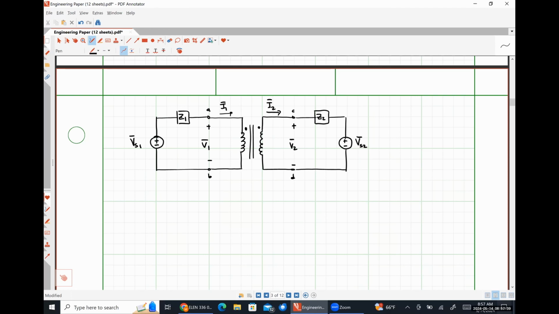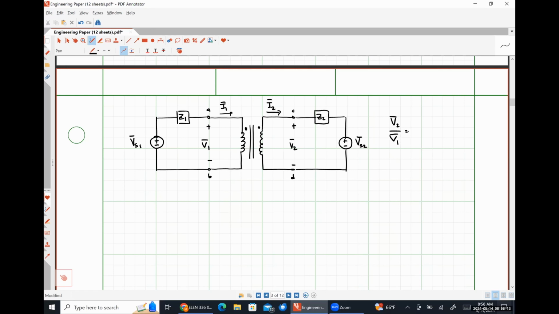So really, what's making this any different than what we literally just did is the fact that there's a second voltage source. If that voltage source were 0, this should behave exactly like the impedance reflection that we've already seen. So that's a sanity check for us. Based on the polarities of our voltages V1 and V2 and the location of our dots, what should the ratio of V2 to V1 be?